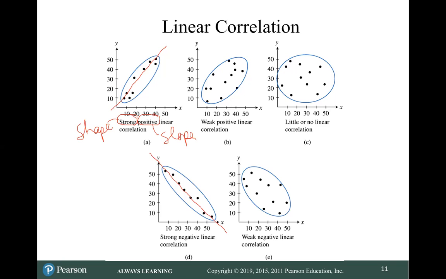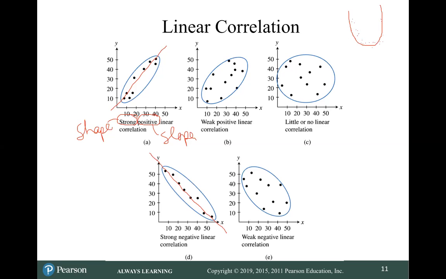We can also have strong quadratic correlations where our dots form kind of a parabola shape. So we can have more than linear correlations, but in this class, we're focusing right now on linear correlations.